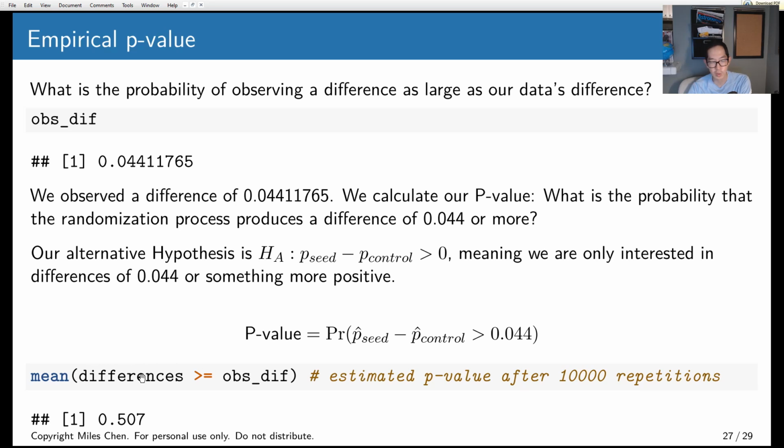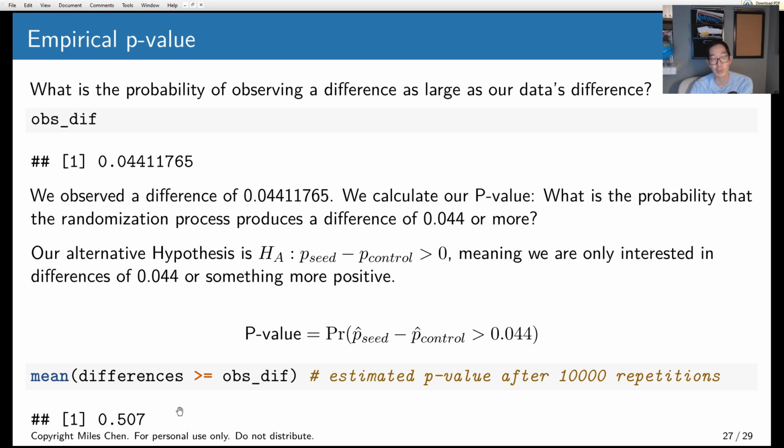This part right here produces a logical vector. If the difference is greater than or equal to the observed difference, then you get true. And if it's not, then you get false. And then we're going to take the mean of them. So we're going to get the proportion of differences that are greater than or equal to the observed difference.